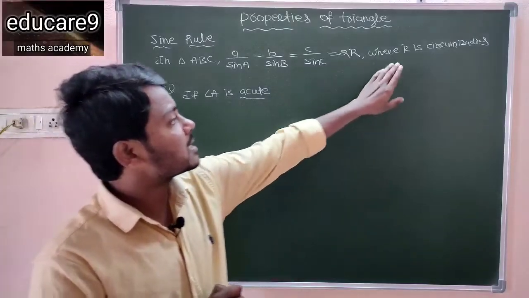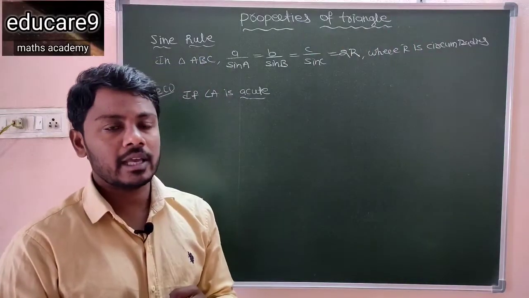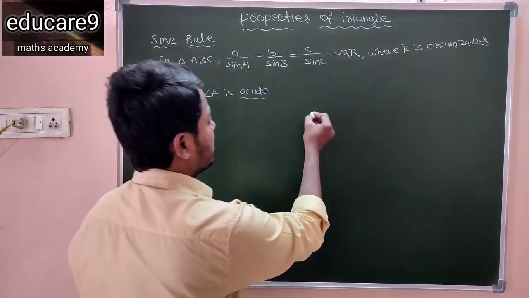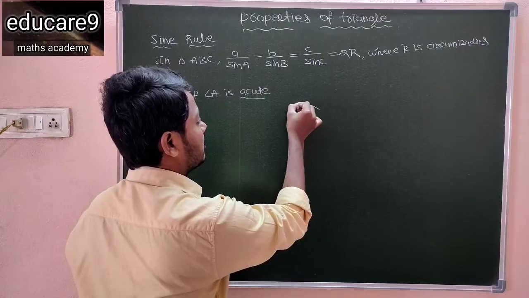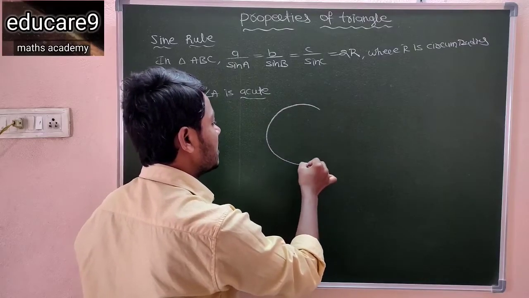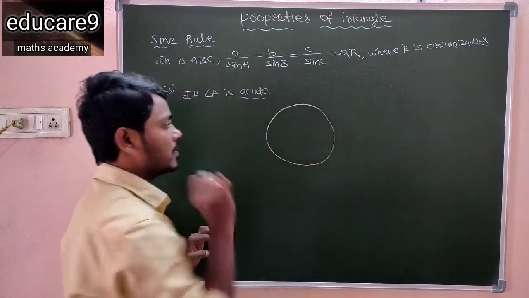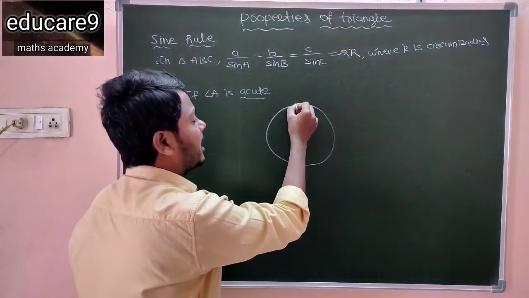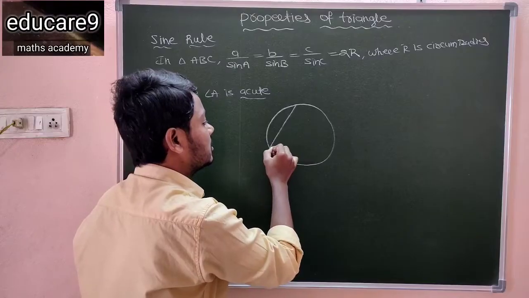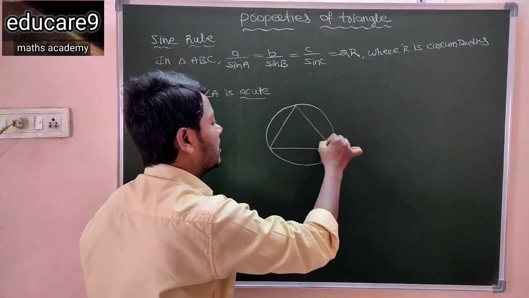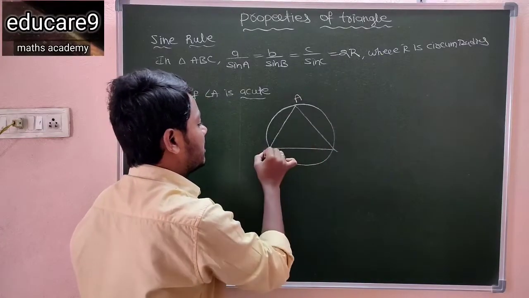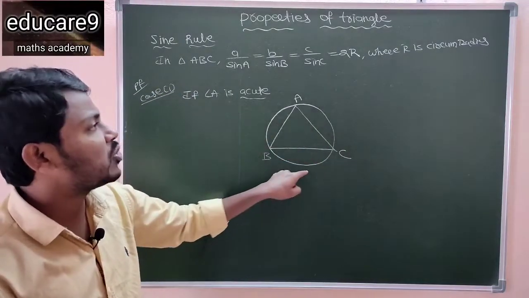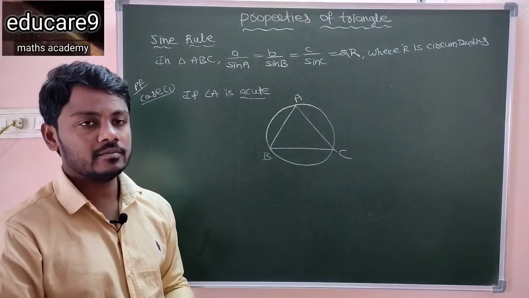So here R is the circumradius. First we have to draw this circle. So see here, this is the circle, and draw the triangle ABC inside the circle. Clearly this circle is called the circumcircle.